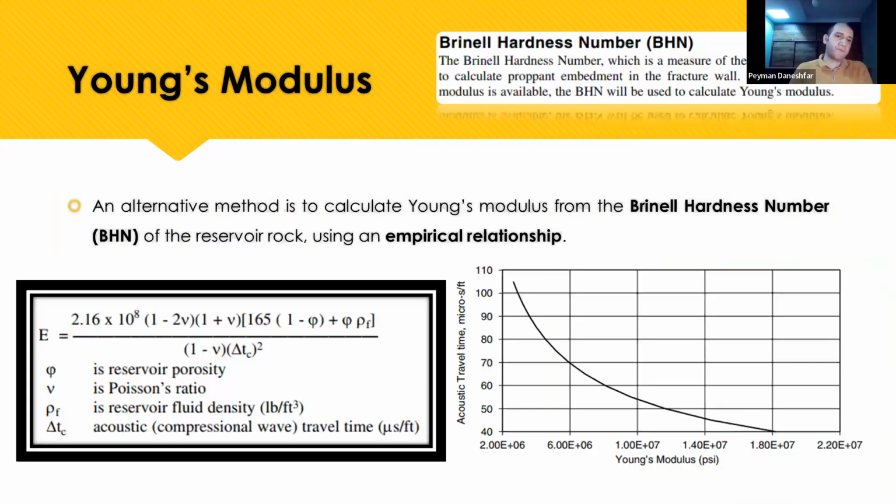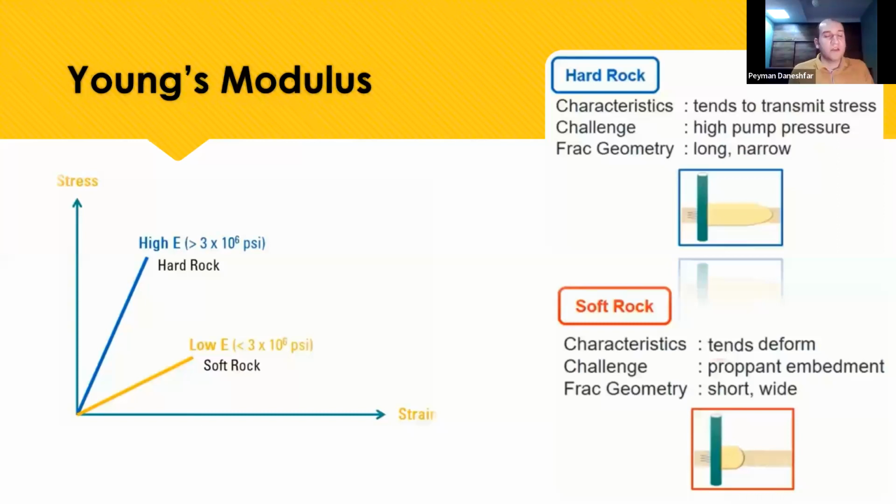Although, of course, this is not an exact quantity for high Young modulus and soft Young modulus. This is just an approximate quantity.